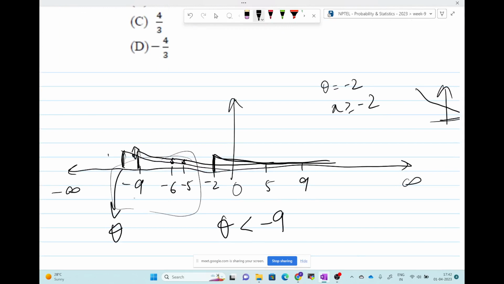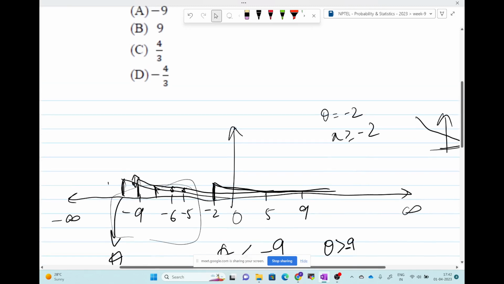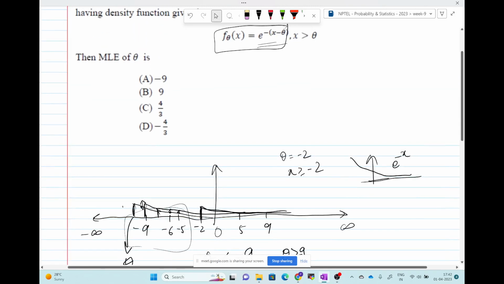But if you take something greater than minus 9, then minus 9 cannot be generated by that distribution. Understood? If theta is greater than minus 9, then minus 9 won't be generated by that distribution, because the probability of minus 9 for that distribution will be 0.